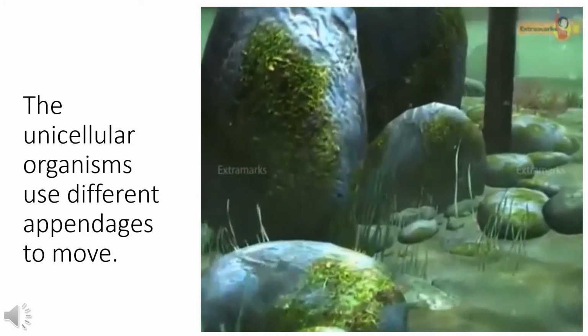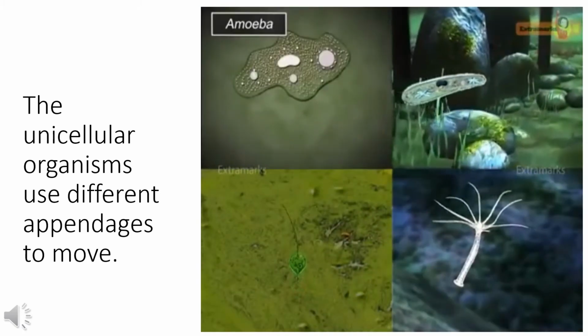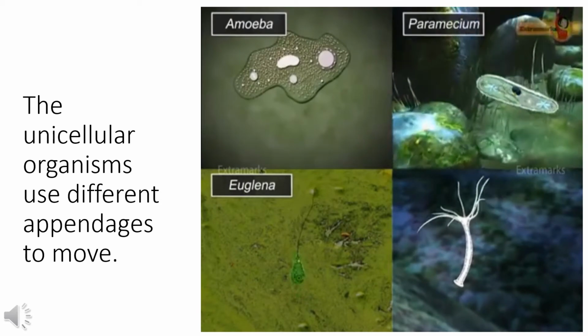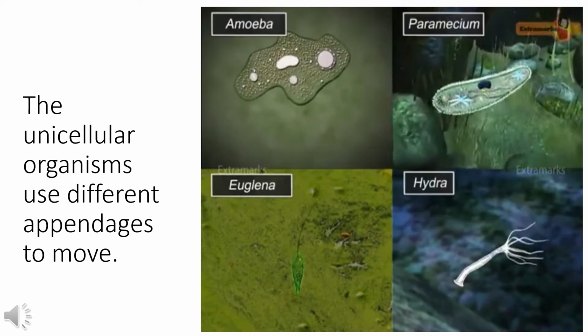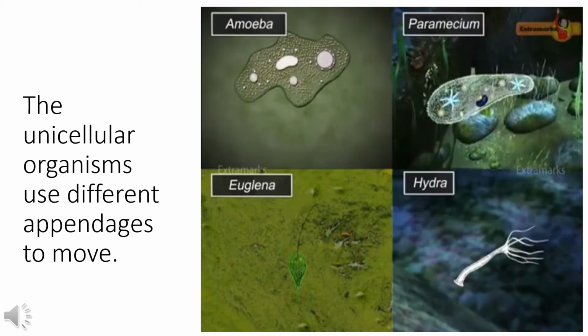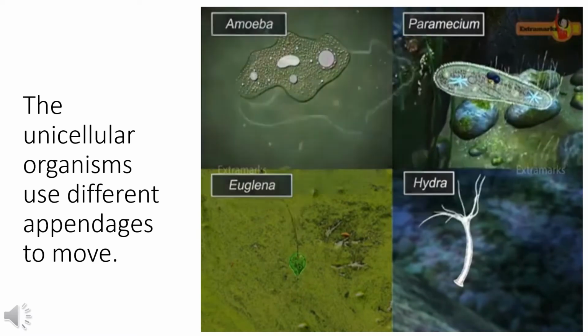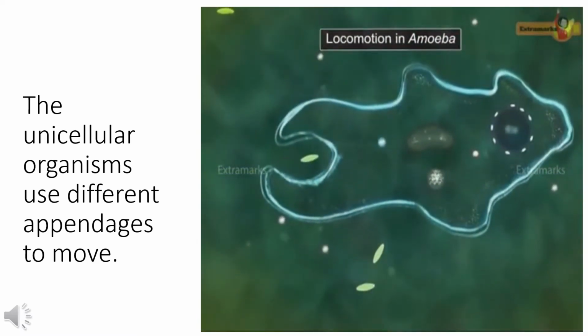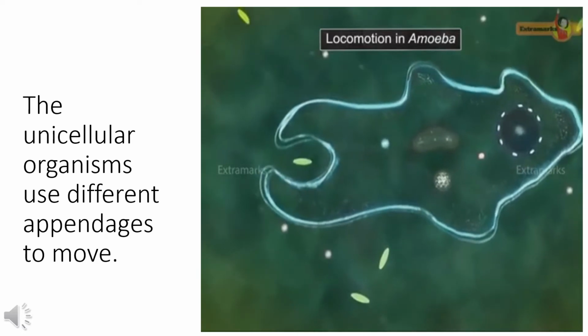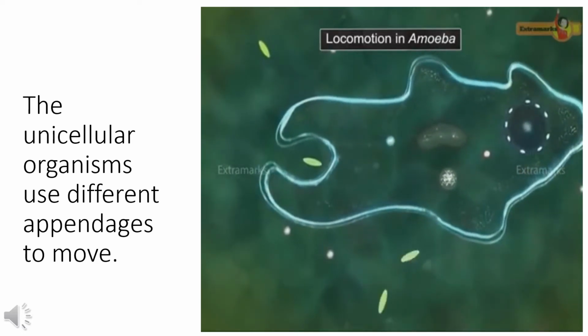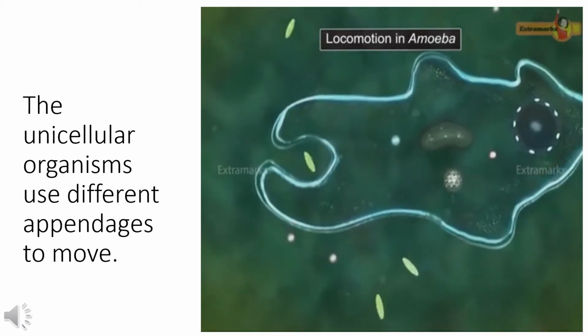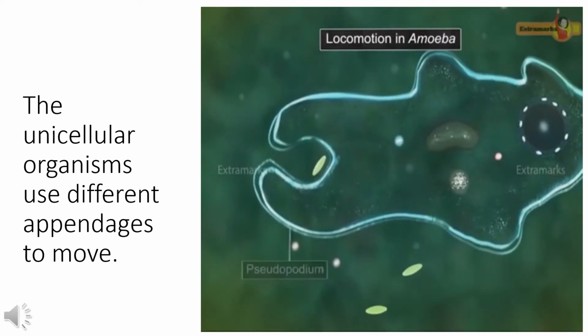Microorganisms like amoeba, euglena, paramecium, and hydra show various simple modes of locomotion. Locomotion in the unicellular organism. Amoeba is affected by the formation of temporary finger-like processes called pseudopodia.